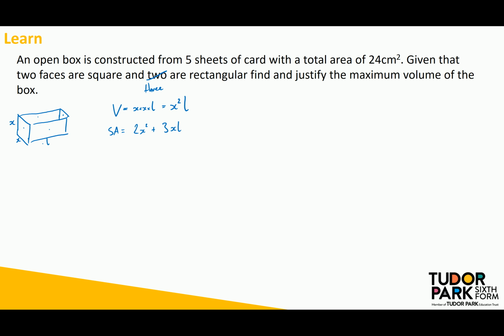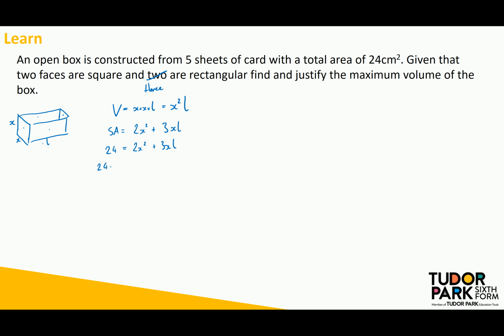I actually know that the area of that box is 24 centimeters squared, so that becomes 24 is equal to 2x squared plus 3xL. And what I'm going to do now is to rearrange this equation until L is the subject.